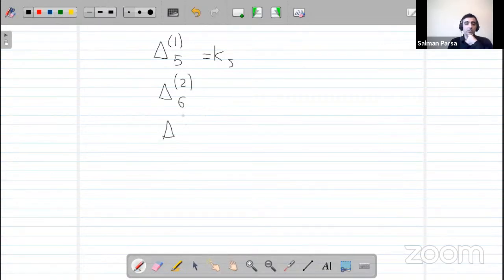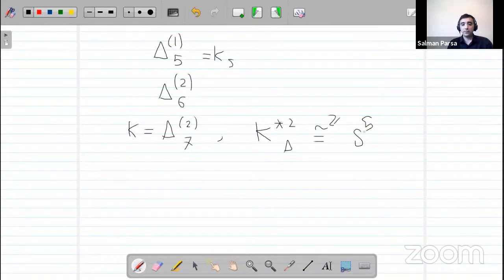And let's take the 2 skeleton of a simplex with 7 vertices. If you look now at the deleted join of this, so let our K be this, then the deleted join is actually a sphere, so it's of dimension 5.